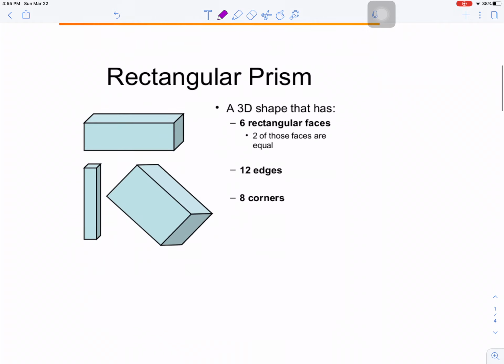Moving on to the rectangular prism. A rectangular prism also has 6 faces, but they're rectangles in this case, which means they could be squares, because we know squares are rectangles. 2 of the faces are equal, and we call those equal faces the bases. Now, in a rectangular prism, all prisms have a pair of congruent faces that are parallel.